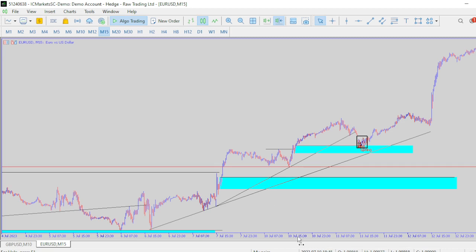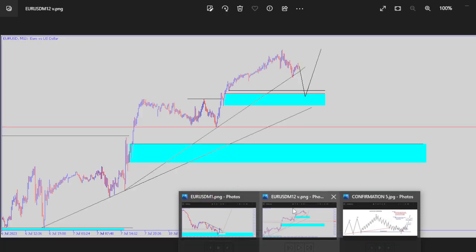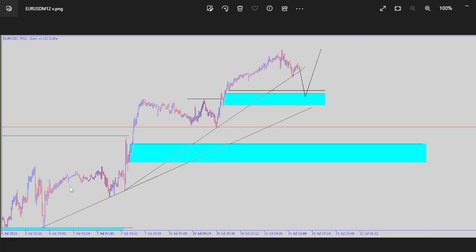So, which actually brought us to this trade. Remember, I have this trend line liquidity.